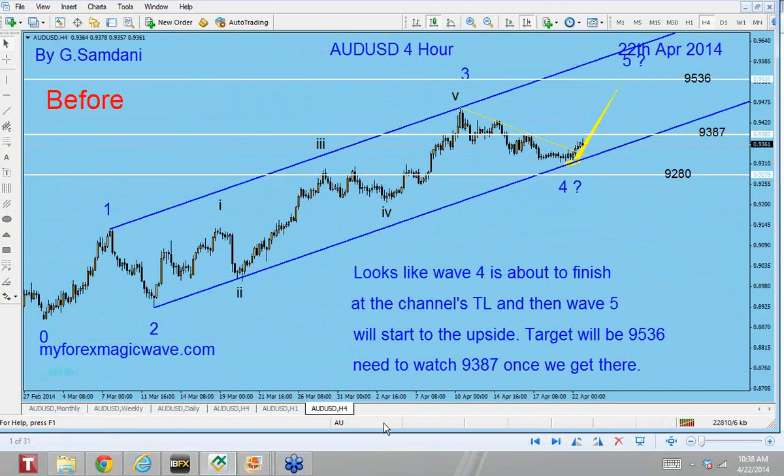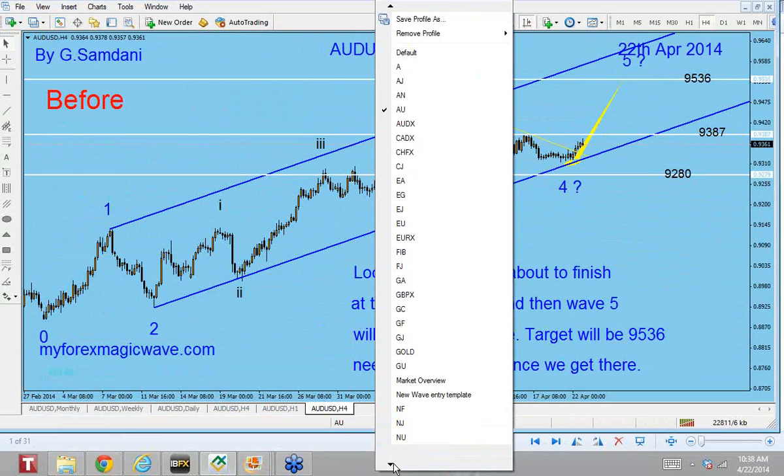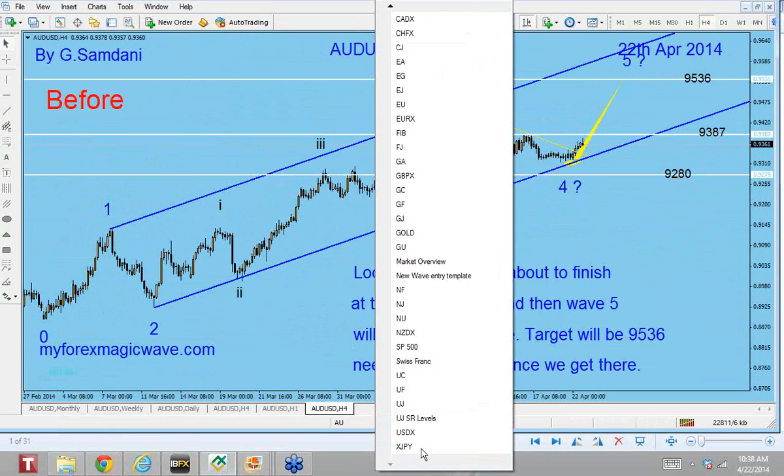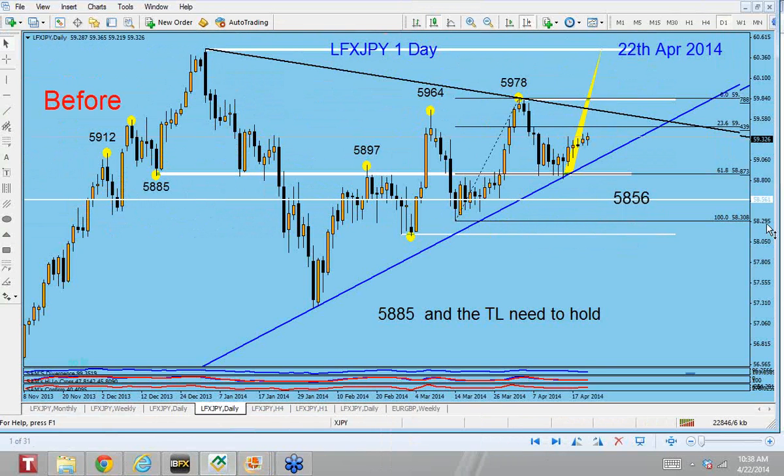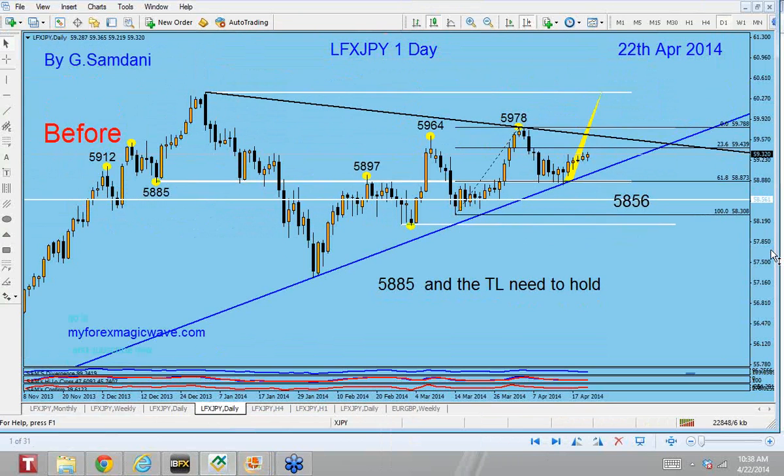And the index, I'll show you right now. We are currently, well, not all the way, but we are slowly going up, right?